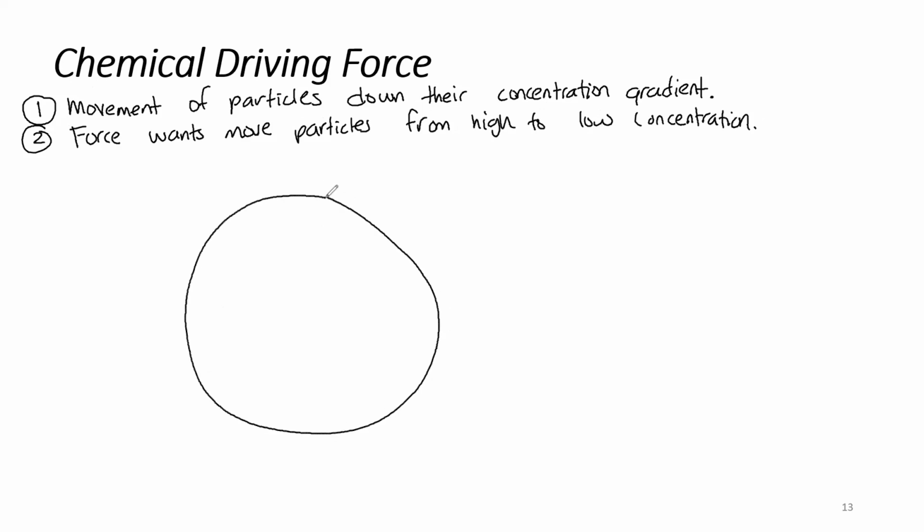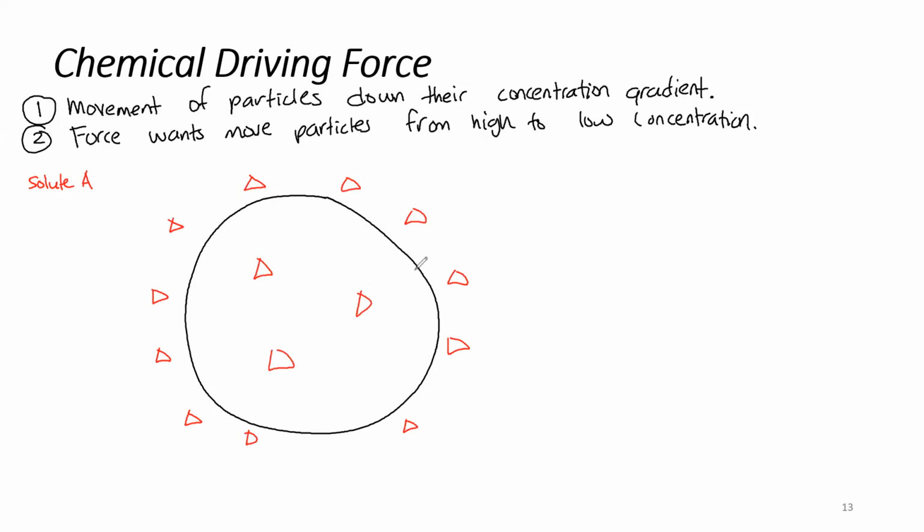We have a cell here. Okay, we have two different solute concentrations. Let's start with solute A. Solute A is at a higher concentration on the outside of the cell, so we're going to put more of this solute A outside the cell here, and then at a lower concentration inside the cell.